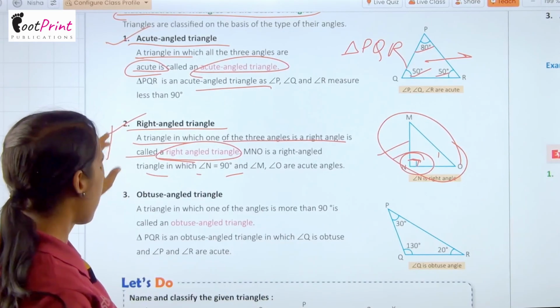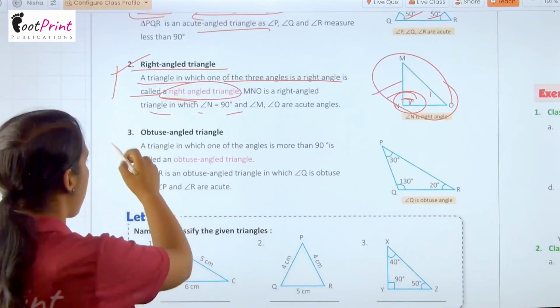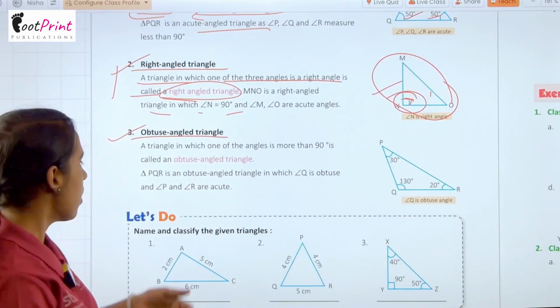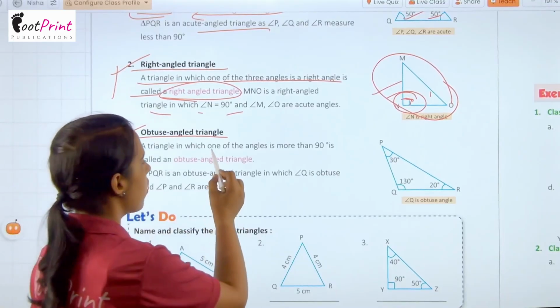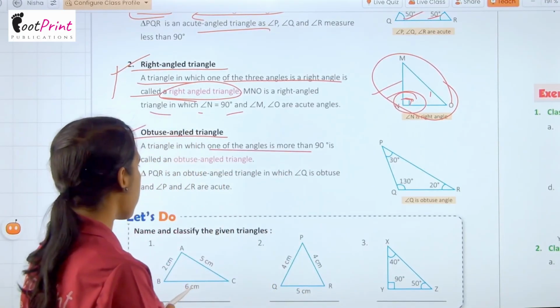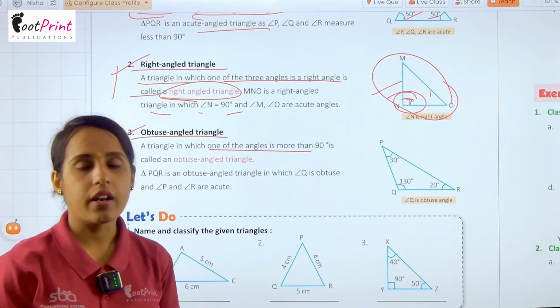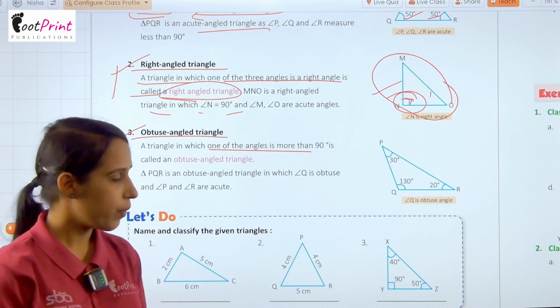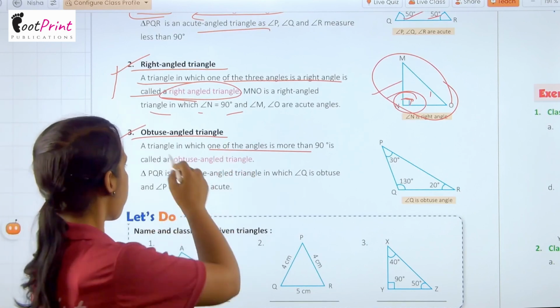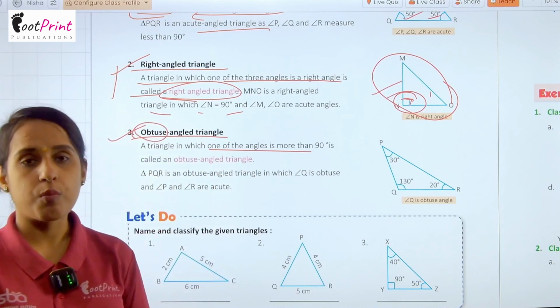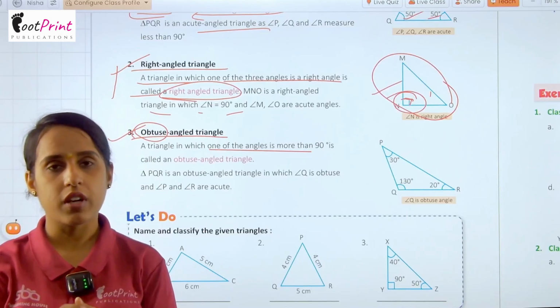Now the third one is obtuse angle triangle. A triangle in which one of the angles is more than 90 degrees is called an obtuse angle triangle. As we know, an obtuse angle is more than 90 degrees and less than 180 degrees.